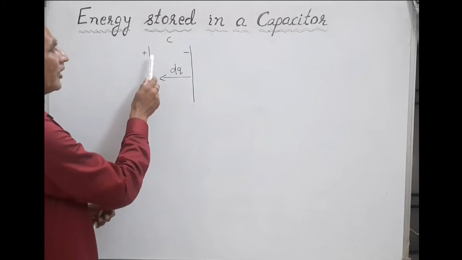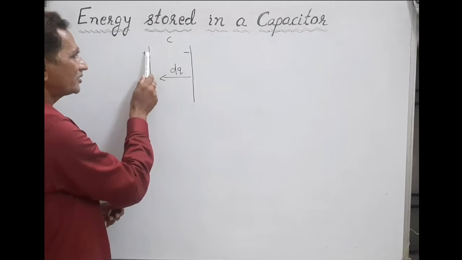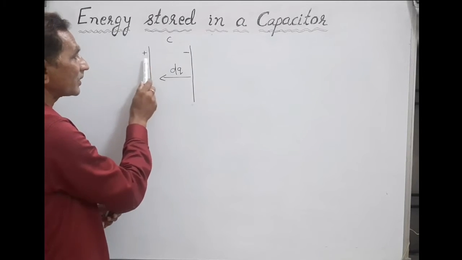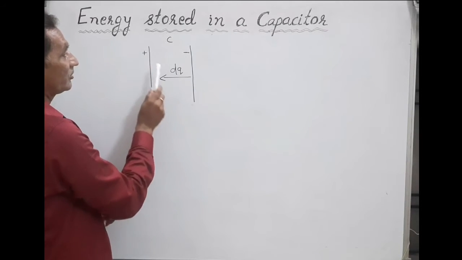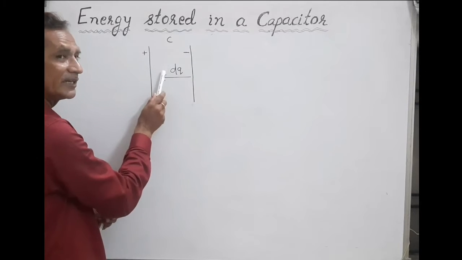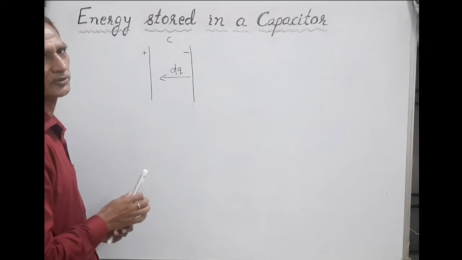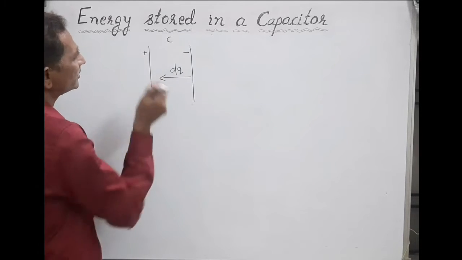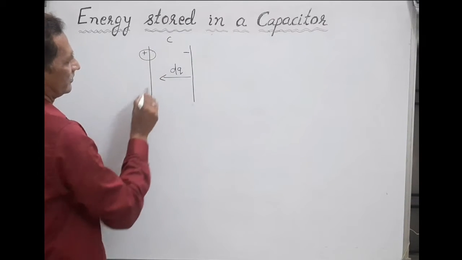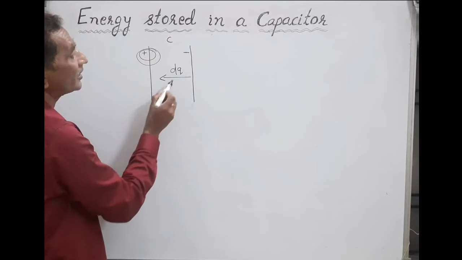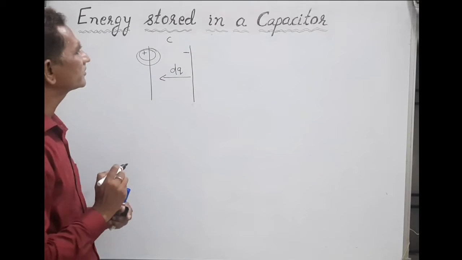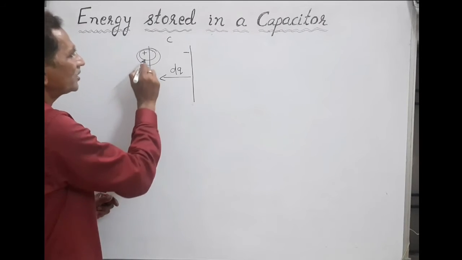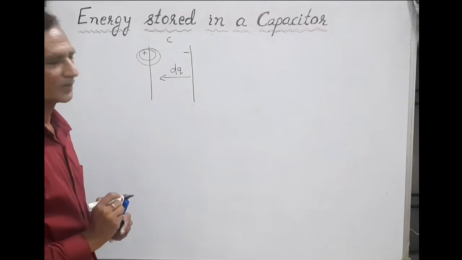Next, as the dq charge comes here, there is a repulsion between this positive charge and dq, also positive, because there is a field around this charge, and this field opposes the positive charge being transferred to this plate.